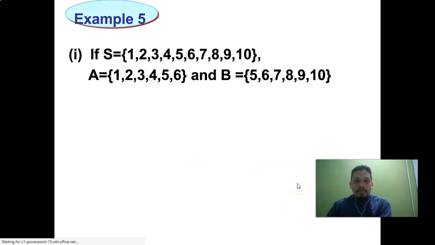So the example 5, okay, so let's say the sample space is all the digits from 1 until 10. And event A is the numbers 1 until 6, and B is 5, 6, 7, 8, 9, 10. So we got two similar here.